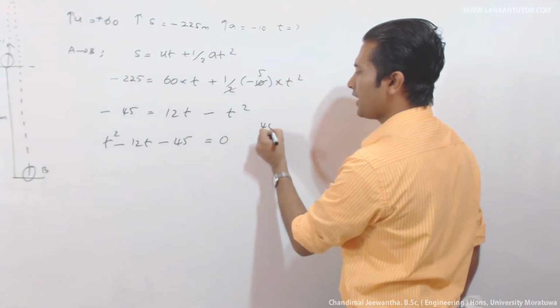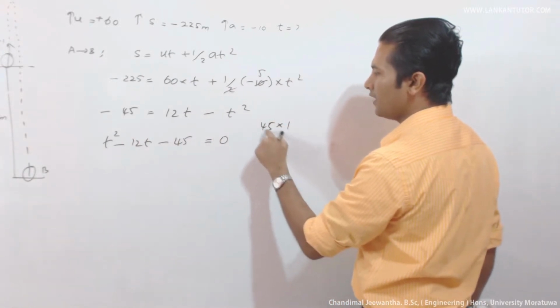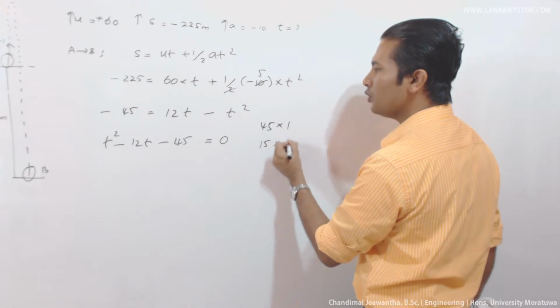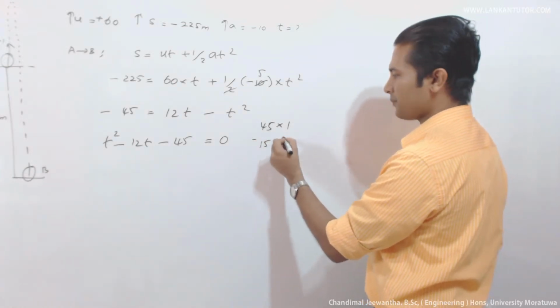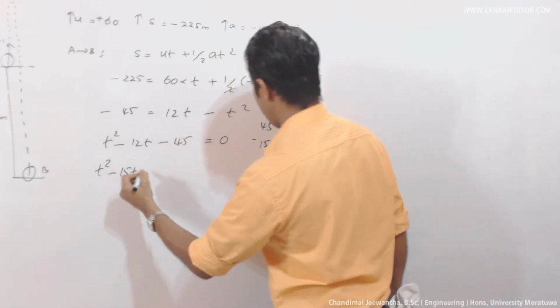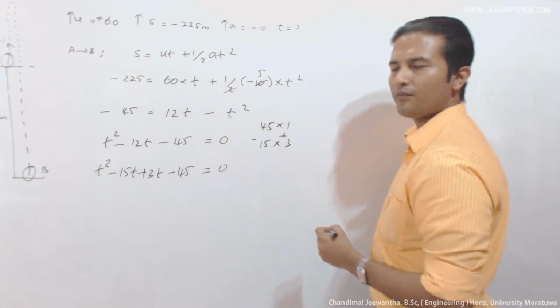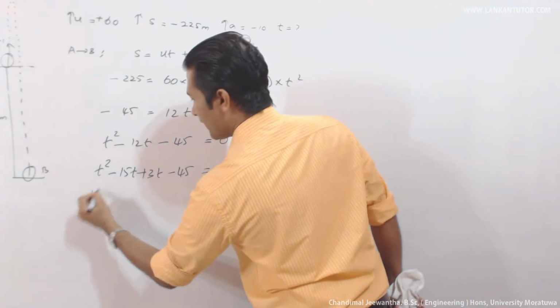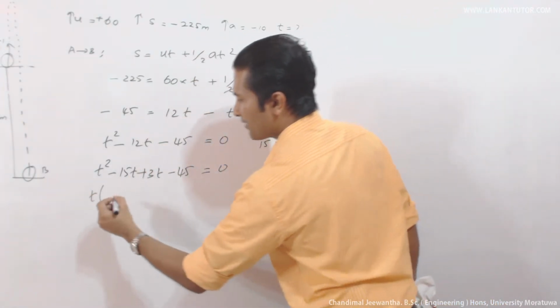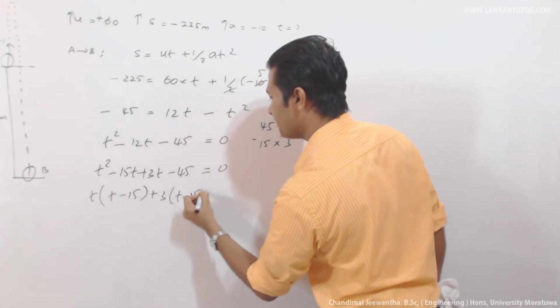Which means 45 into 1, we are focusing on 12, then 15 into 3 can be accepted. So then t square minus 15t plus 3t minus 45 equals 0. Then you can take t as a common factor, t minus 15, then plus 3, again t minus 15.